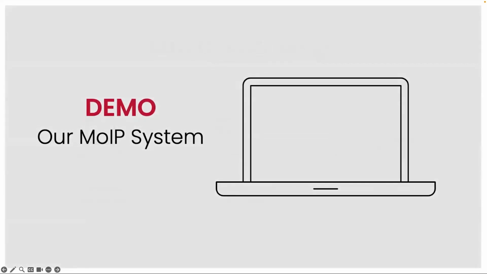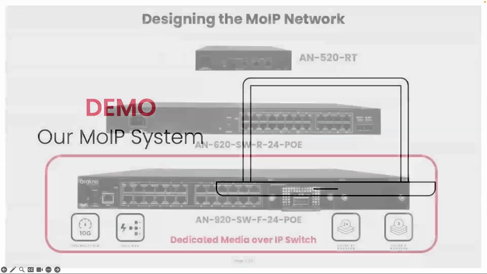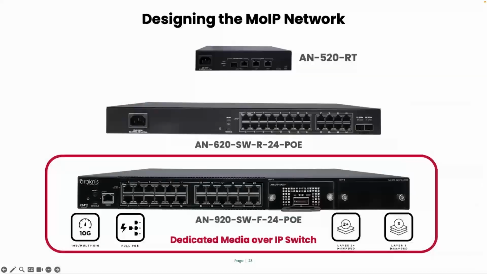So let's get into it. A little bit about our system that we have here. For our products in our scenario that we've got today, we have a router, and then we also have a 620 switch, which is going to be the backbone of our IP traffic, and then we have our 920 switch that is going to be our dedicated switch for media switching.